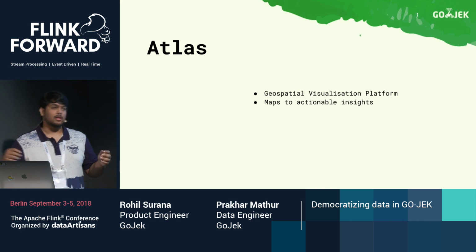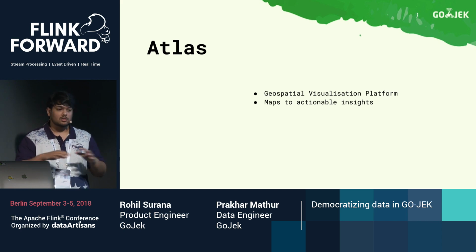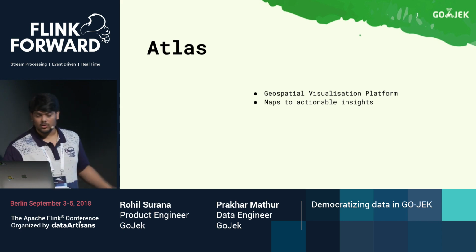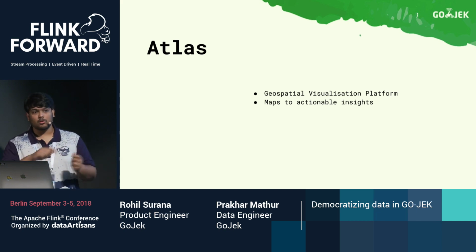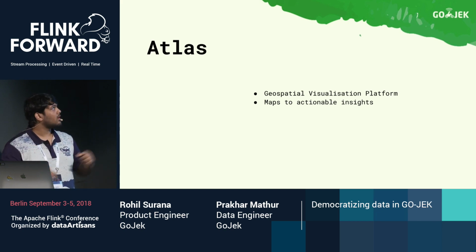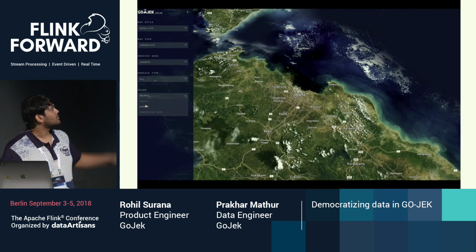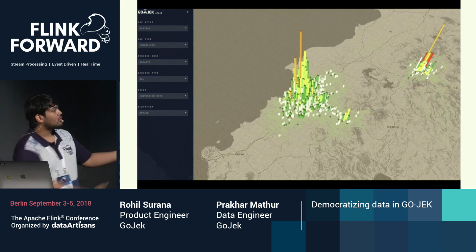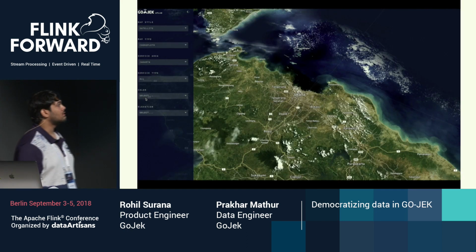So you can get a sense out of the data of what's happening in which area. You can just deploy a Dagger and it will publish to Influx, and from Influx you can visualize it on Atlas. It will just give you a GIF of Atlas, so you can select, and it will show you what's happening where.